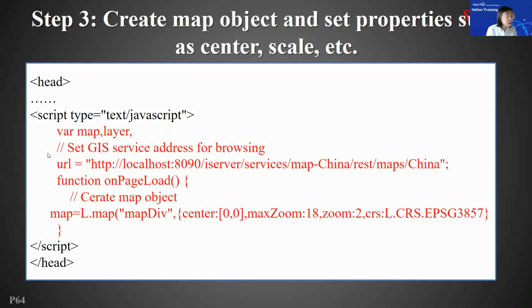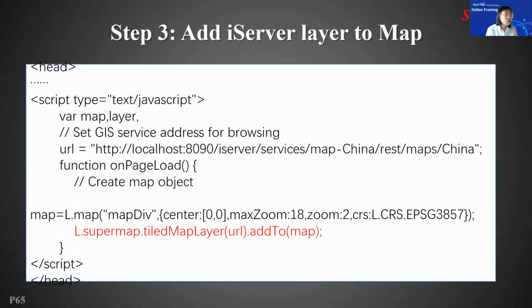Here we have the map div and L.map to create a map object and set its zoom level, its original zoom level, and also its coordinate system. And this URL is for the map service. We will add this map service to the map object. So this is our Leaflet map object.